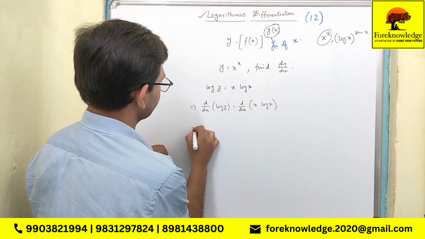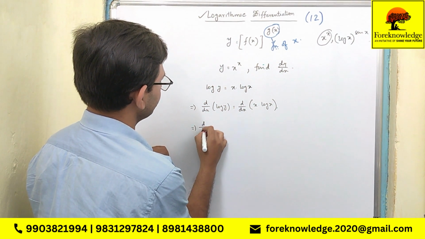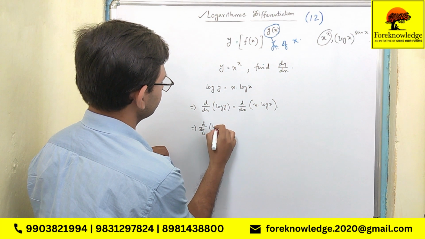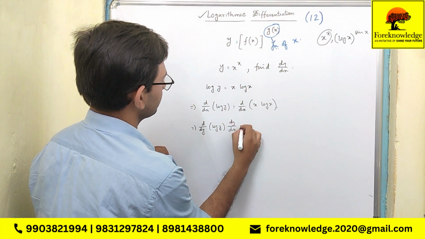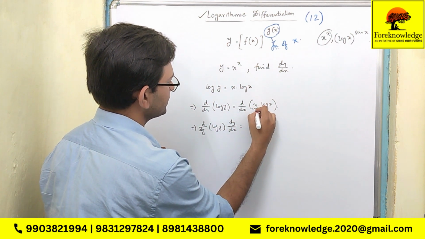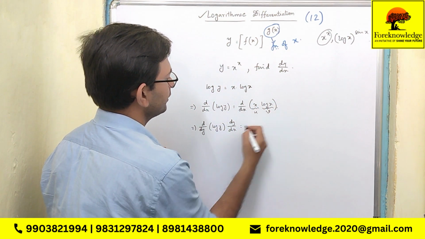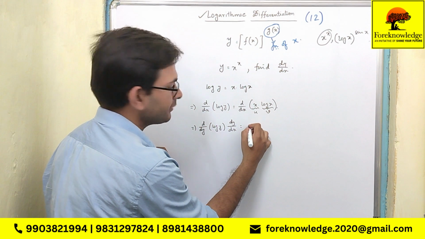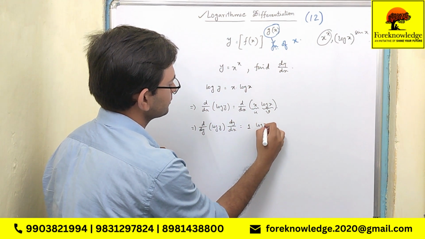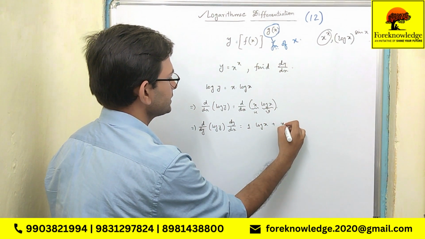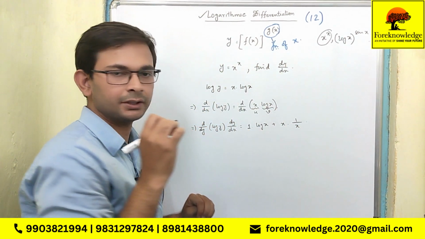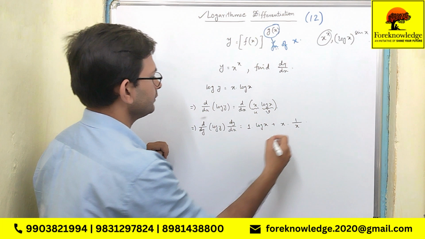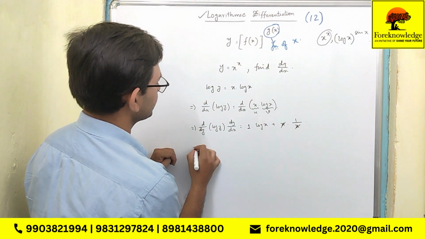So what is this? Implicit differentiation, d/dy of log y into dy/dx, equal to u into v. This is u, this is v. Derivative of u, derivative of x is 1, into log x plus x is fixed. What is differentiation of log x? 1 by x. So this will get cancelled.